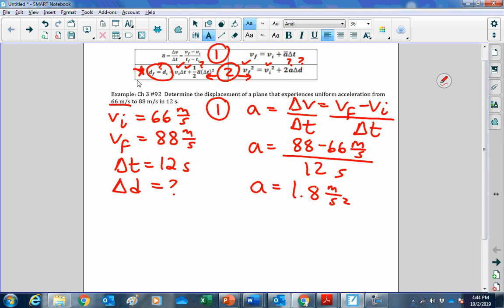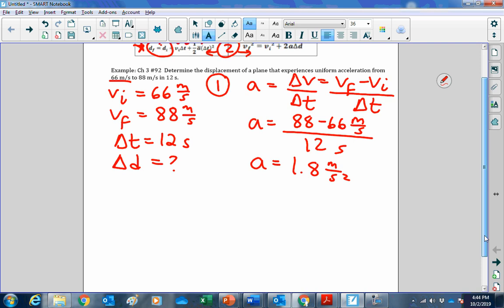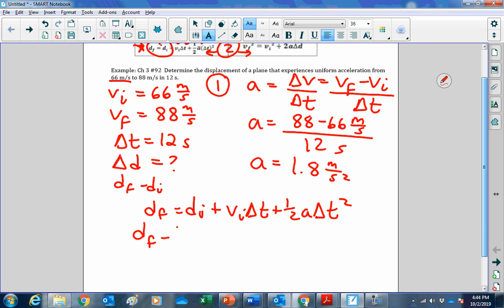So let's say I'm picking this left-hand side one. And displacement is like df minus di technically, remember? So I could just do df equals di plus... okay, so I'm going to move di to the left-hand side because that is like the displacement.